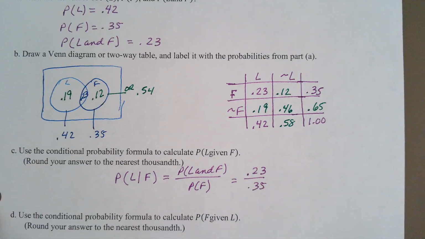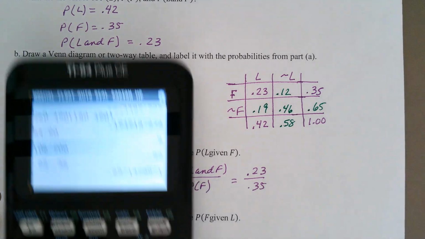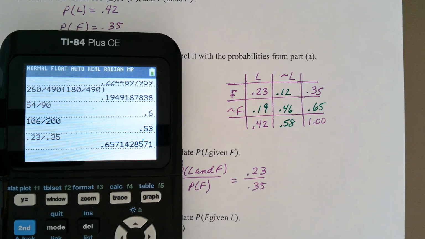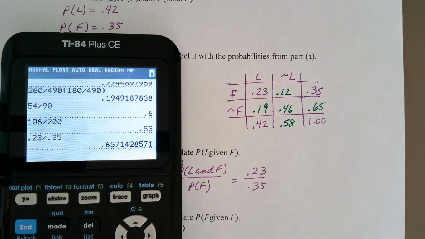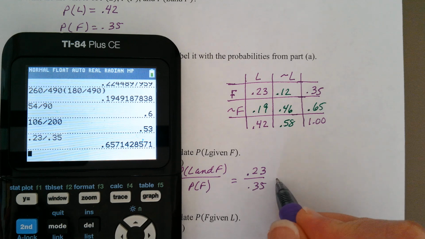And we want it to the nearest thousandth, that's 3 decimal places. 0.23 divided by 0.35 is 0.657.